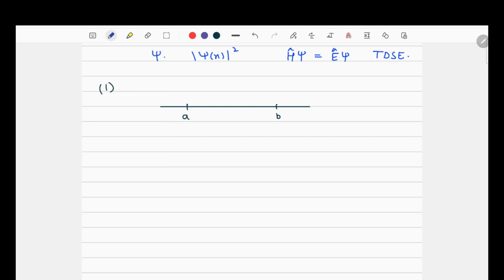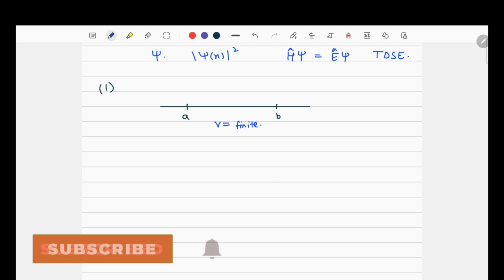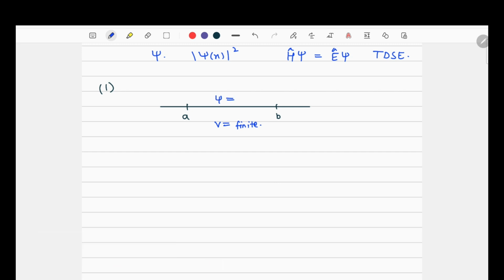Now what happens is here the potential is some finite value maybe. So you have a wave function. Now what is a wave function? You know this, that the wave function is a mathematical quantity that has the complete information of your state. So this is not zero inside this range, but let's say you have the potential to be infinite outside the range, due to which this wave function becomes zero outside, and outside, the probability of this wave function drops to zero rapidly.